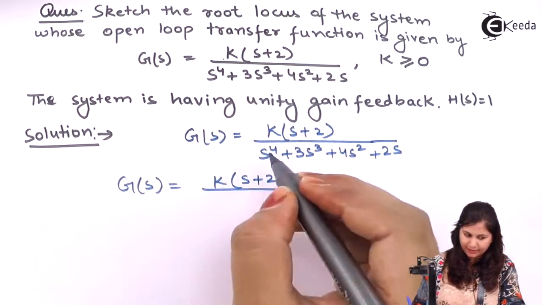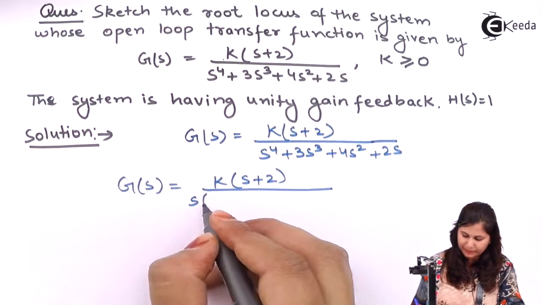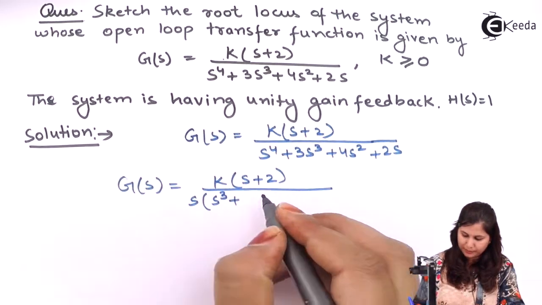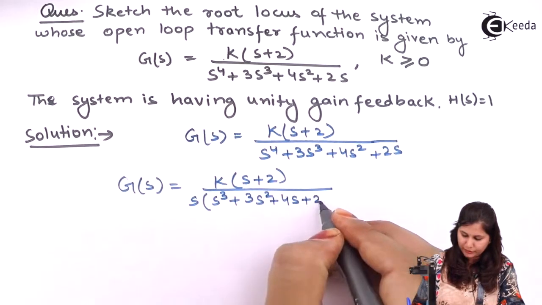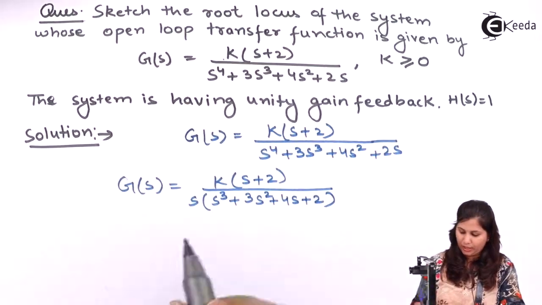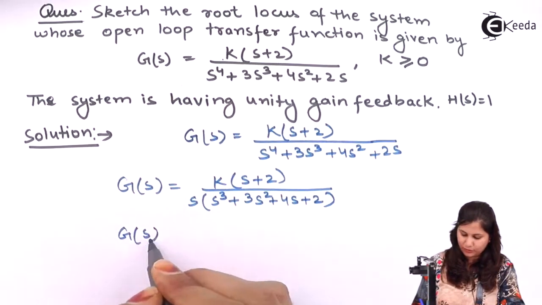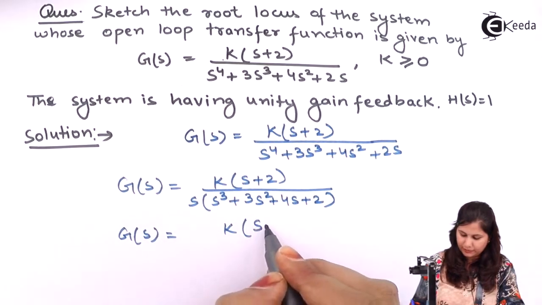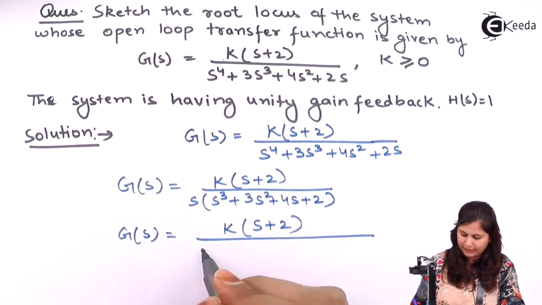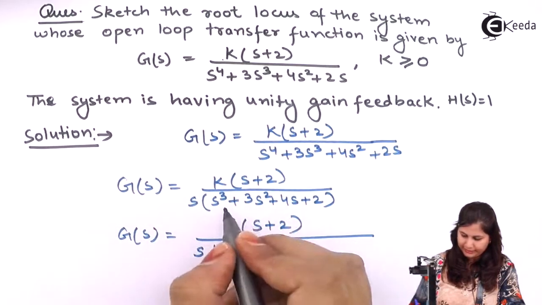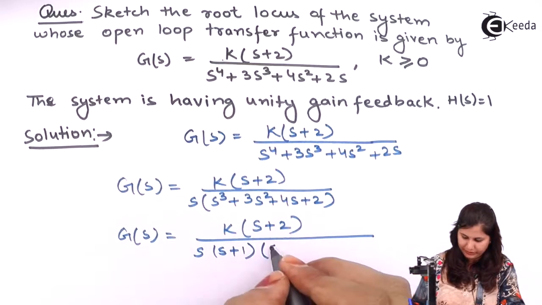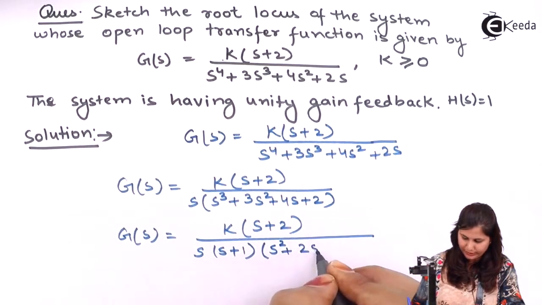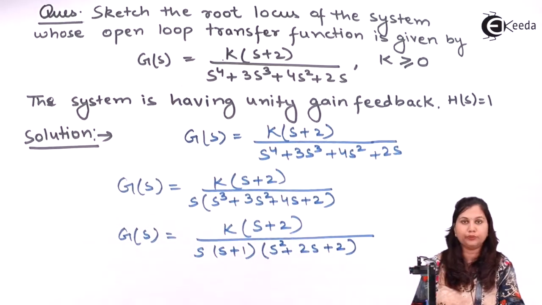We can take s as common, so it will be s^3 + 3s^2 + 4s + 2. Now simplify this equation. We have G(s) = K(s+2) upon s, we can take (s+1) as common, and the remaining term will be s^2 + 2s + 2.